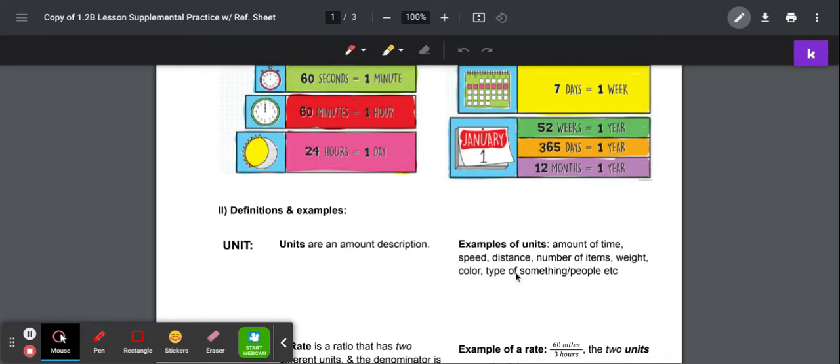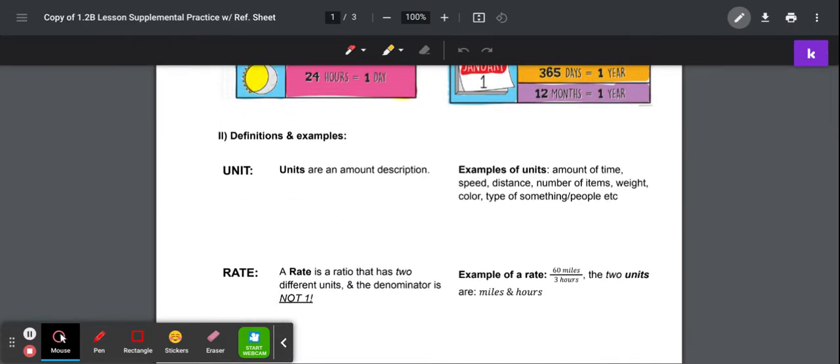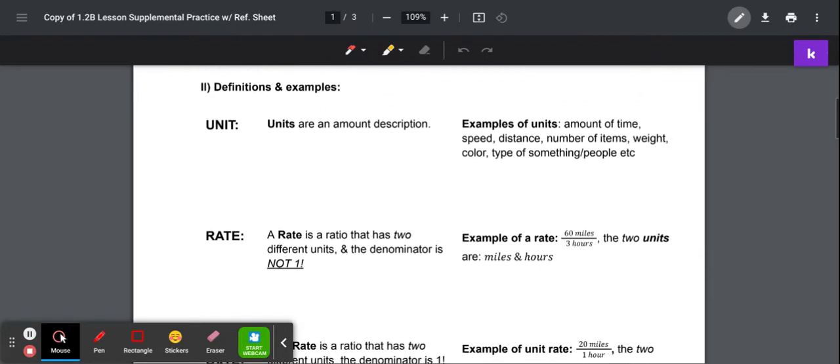Some examples of units would be like time, seconds, minutes, hours, speed, like miles per hour, yards per second, distance, like miles, kilometers, feet, yards, the number of items, the weight, the color of something, type of something, people, etc. So these are all units that are important to have in real life situations.